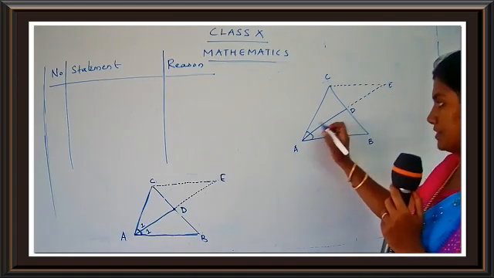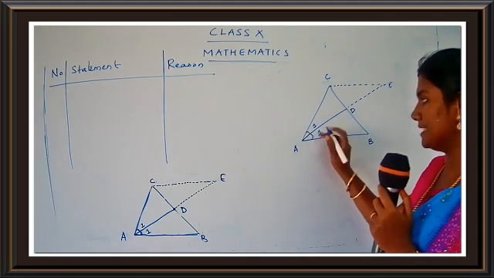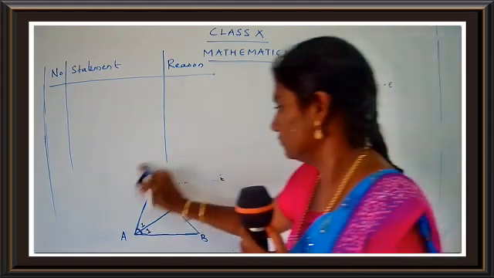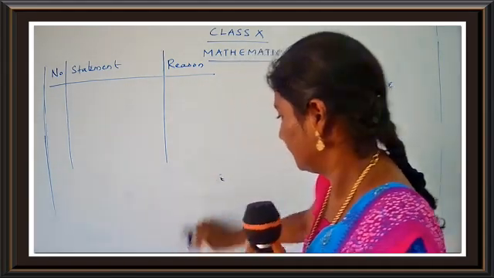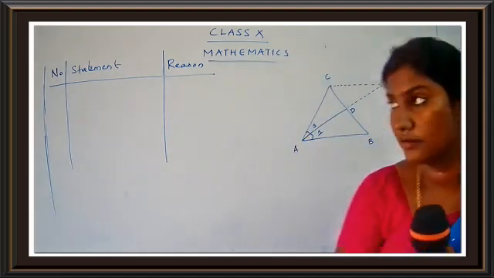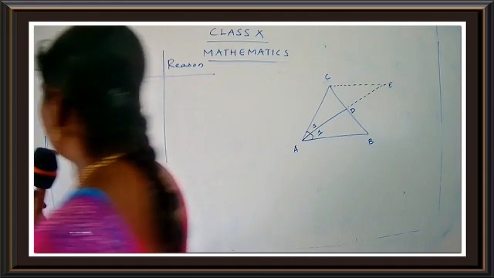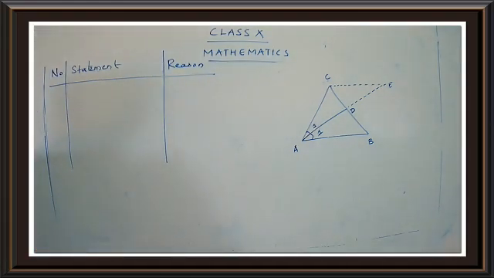AD is the internal bisector, so this value and this value will be same. Just take it as 1, 1. Have we done? Shall we continue? Just draw the columns properly, children. Number, statement, and reason.